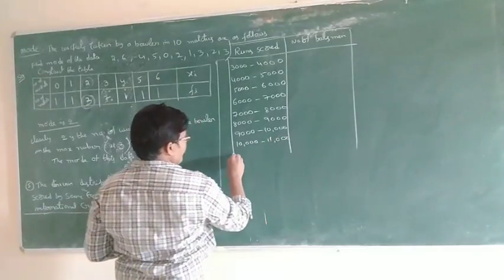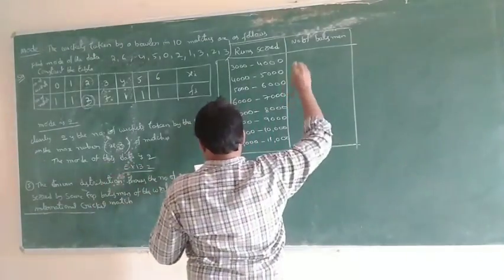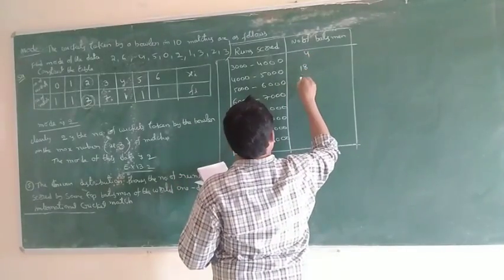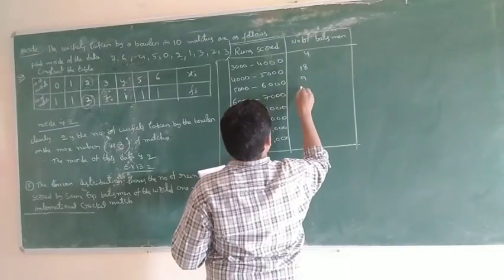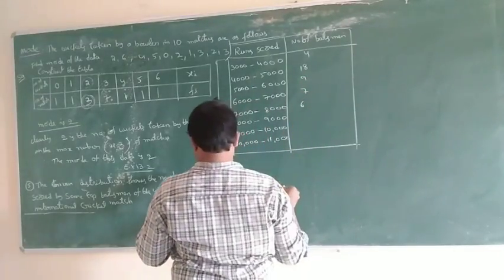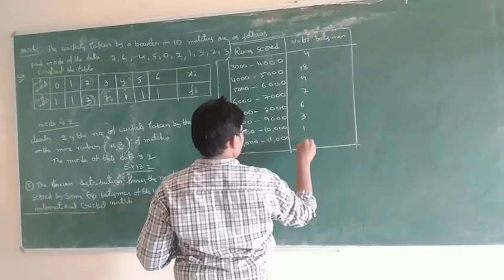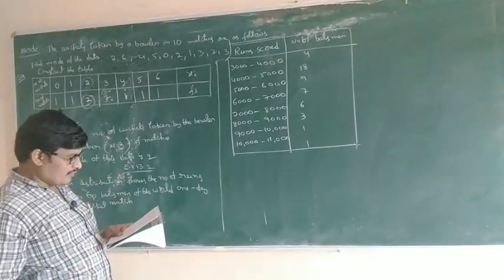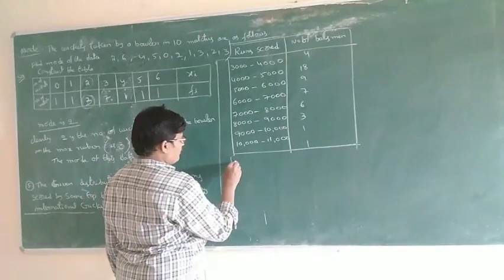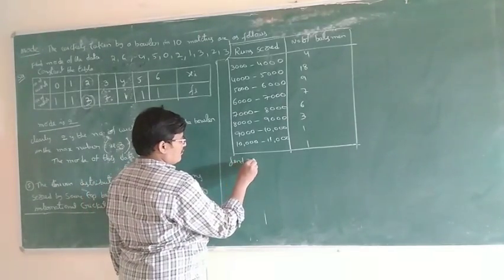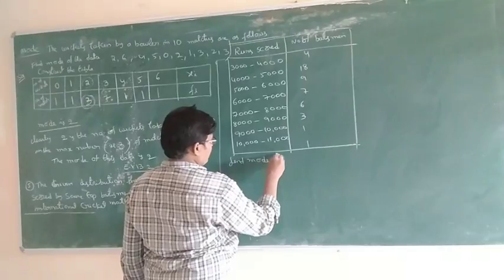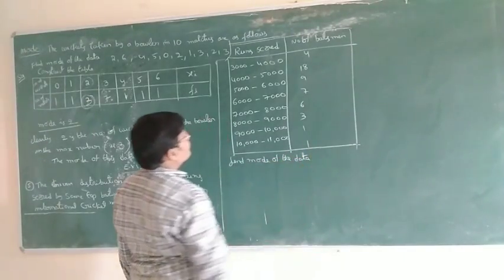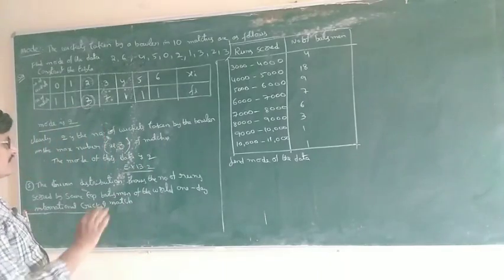The number of batsmen: 4, 8, 18, 4, 18, 9, 7, 6, 3, 1, 1. Find the mode of the data. This is the problem.